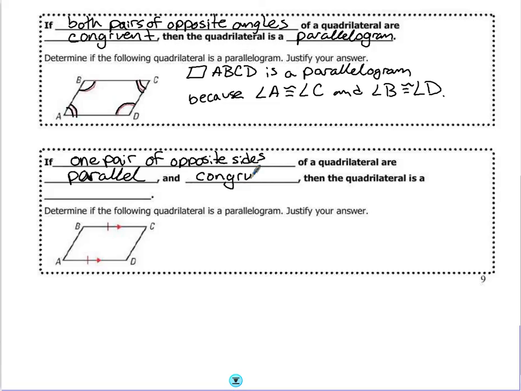If I just have one pair of opposite sides that are parallel and congruent, then that quadrilateral is also a parallelogram.